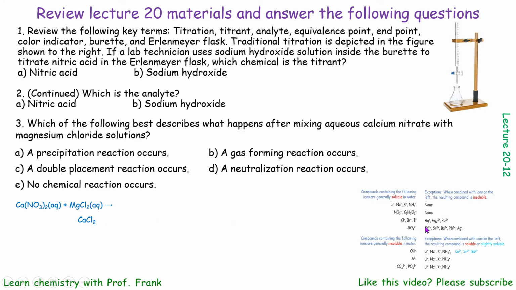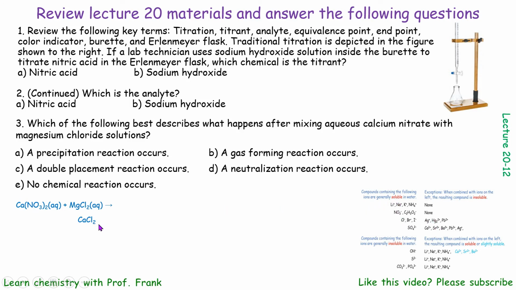So we need to use the solubility rules. Okay, chloride, normally they are soluble. You see, chlorides are normally soluble, but they become insoluble when they form compounds with those ions. Calcium is not one of those ions, which means calcium chloride is soluble.